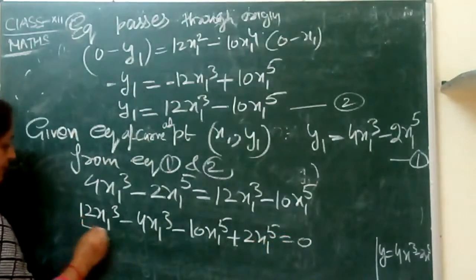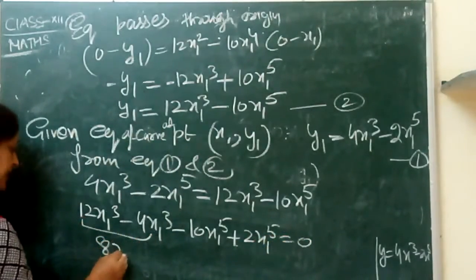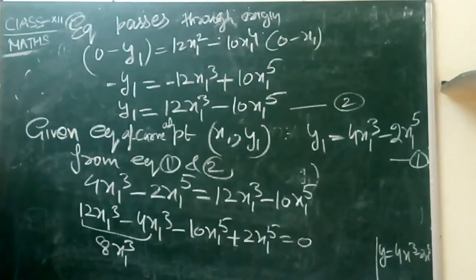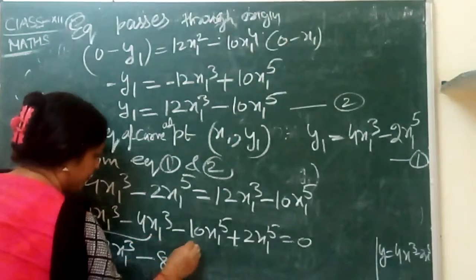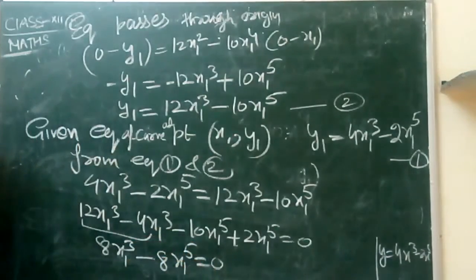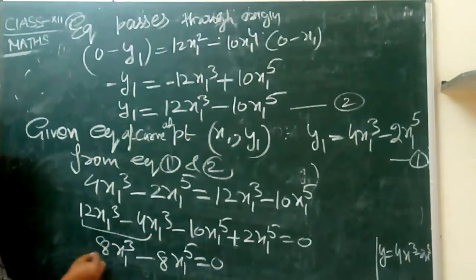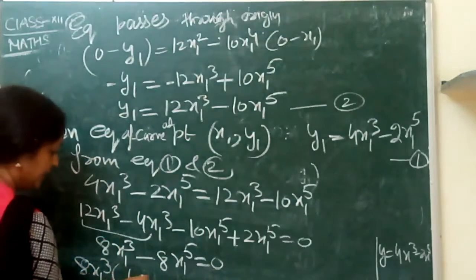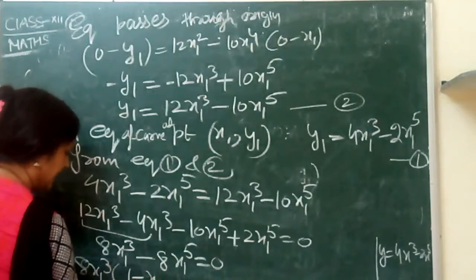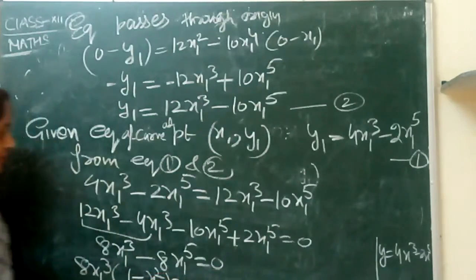Now what will come here? 8x1 raised to power 3, and here minus 8x1 raised to power 5 equal to 0. After that, we can take 8x1 cube common. What is left here? 1 minus x1 square equal to 0.